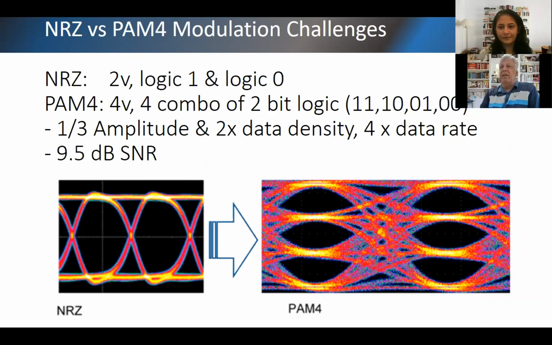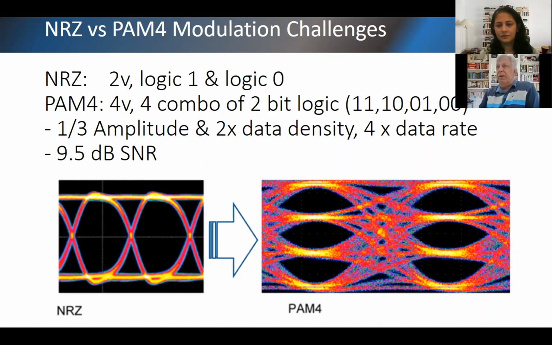And once again, if you look at the 100 gig offerings prior to the single lambda, they were all NRZ. In order to go to 400, a new modulation scheme was needed. So they went to PAM4 to increase the data rate. So you went from 100 Gs to 400 Gs.